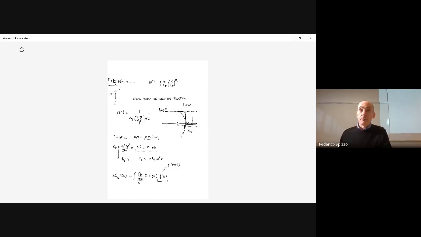What is the role of the Fermi-Dirac function here? When I make the change of variables, as I did yesterday, from Cartesian coordinates to spherical coordinates, as E has spherical symmetry, then the Fermi-Dirac function replaces the upper boundary of the integral.